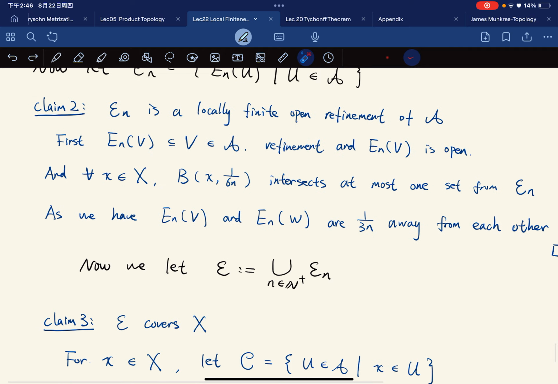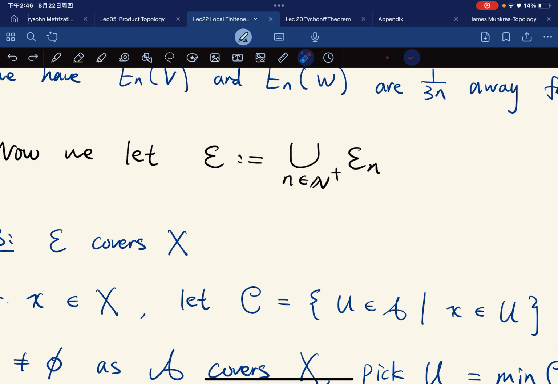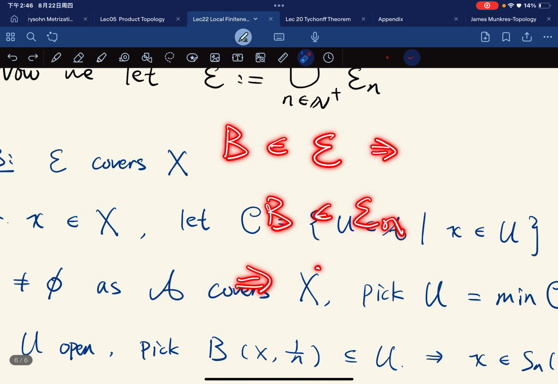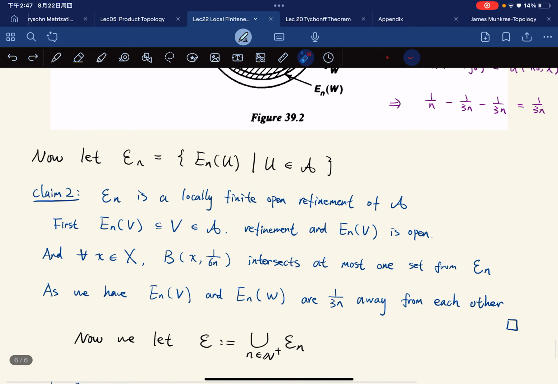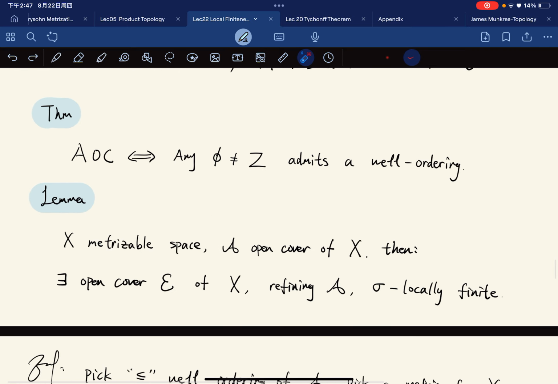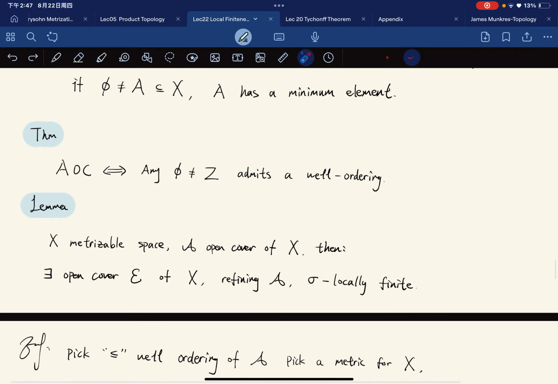If we have B in epsilon, then B is in some epsilon_n, then B is contained in some V in A. So we're done with the lemma here: any metrizable space, any open cover has another open cover that is refining it and is sigma-locally finite. Okay, so this is it, and we'll see you guys next time.